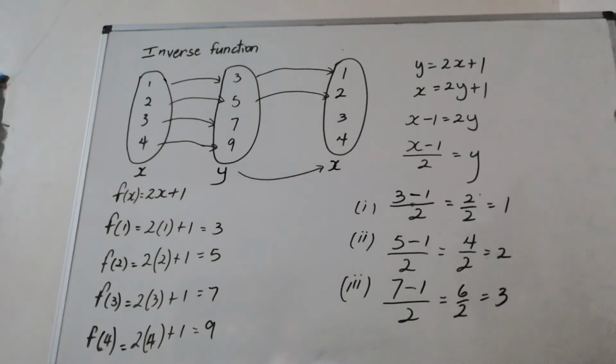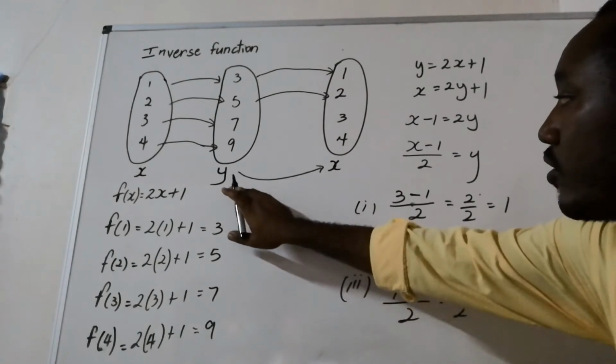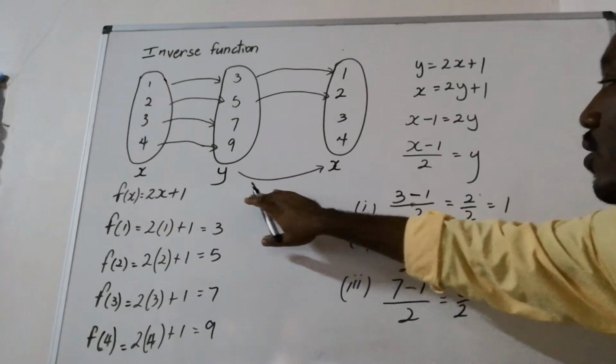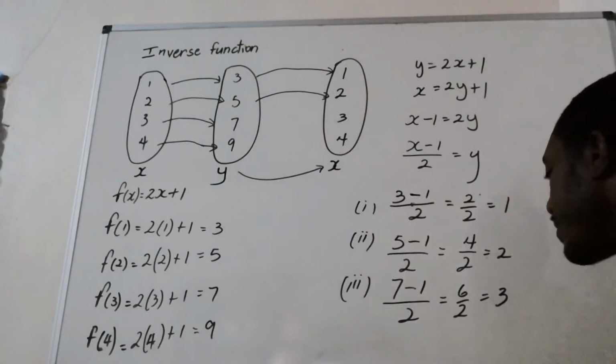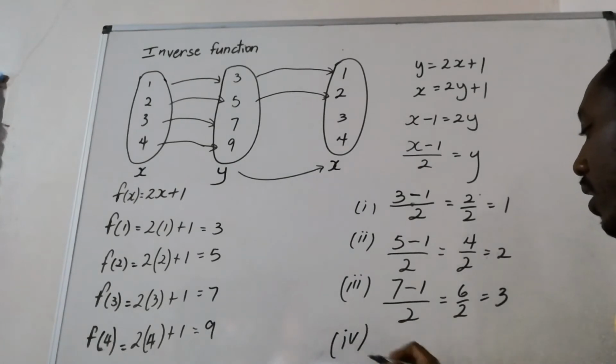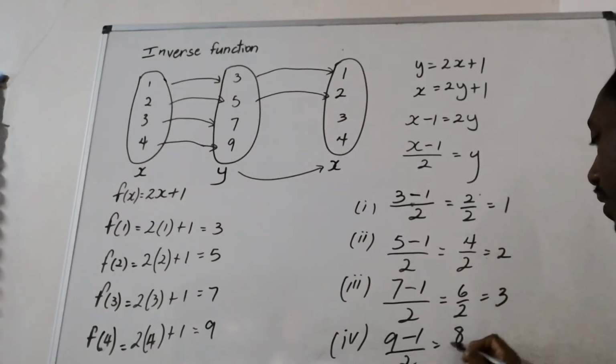So you see, the inverse function maps the image back to our x values, maps the y values back to our x values. And finally, 9 take 1 divided by 2, which is equal to 8 over 2, which is equal to 4.